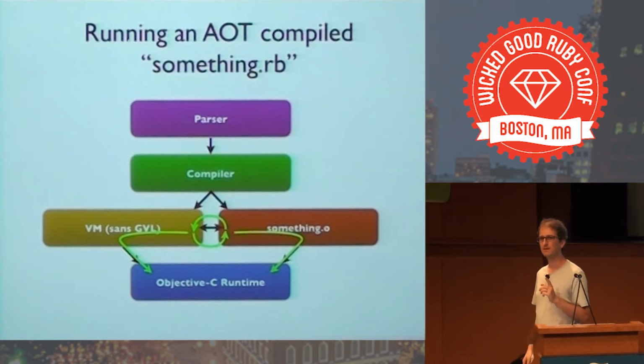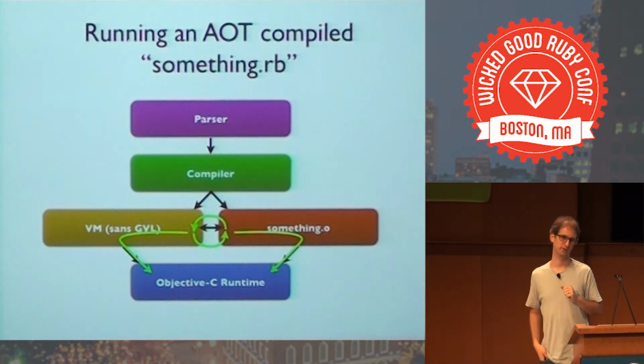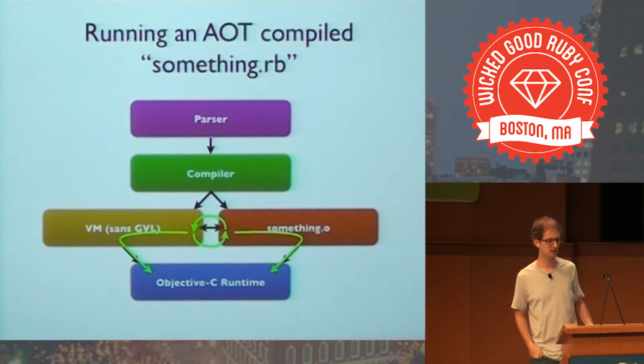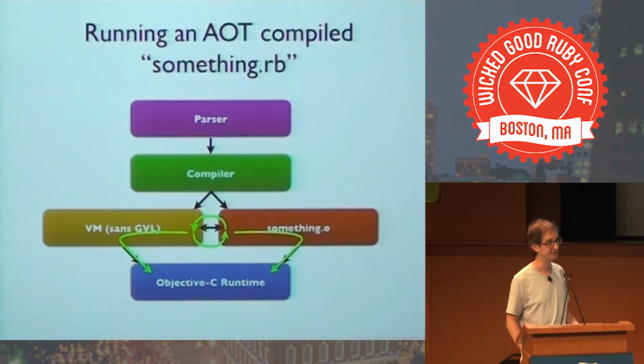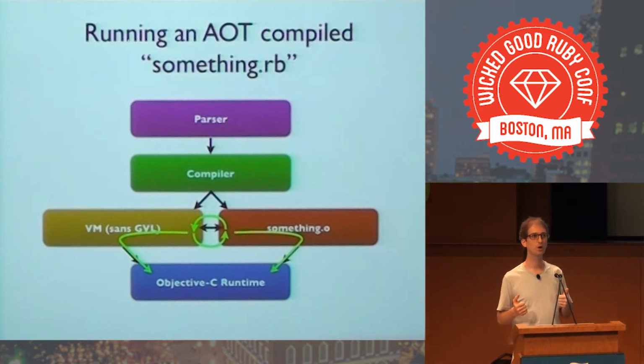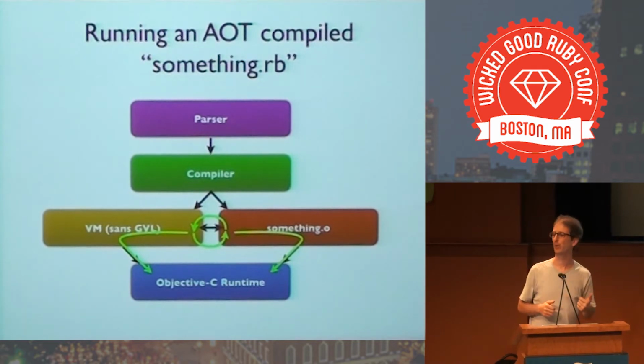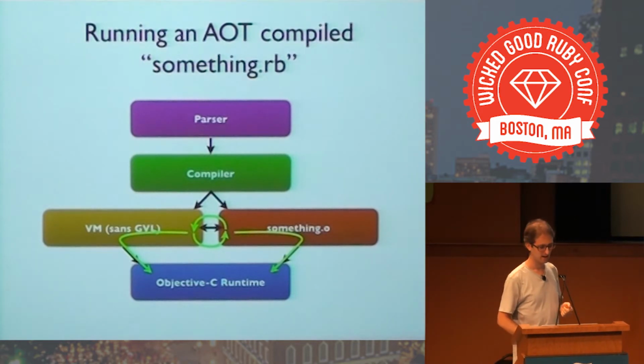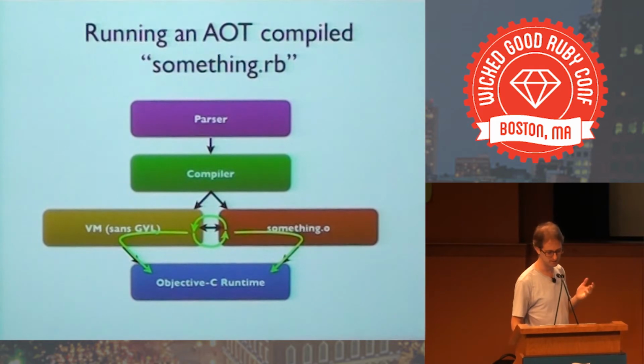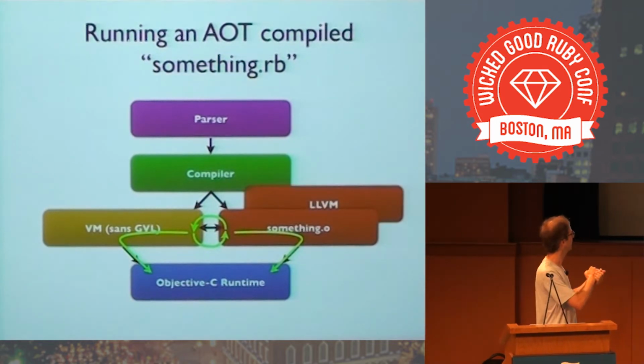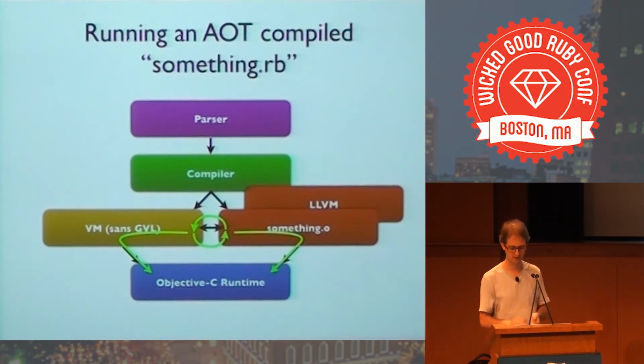Ruby, however, is an interesting language. It allows you to do a lot of kind of crazy things, like at runtime, reevaluate code. And what that means is that we can't actually get rid of the LLVM part.